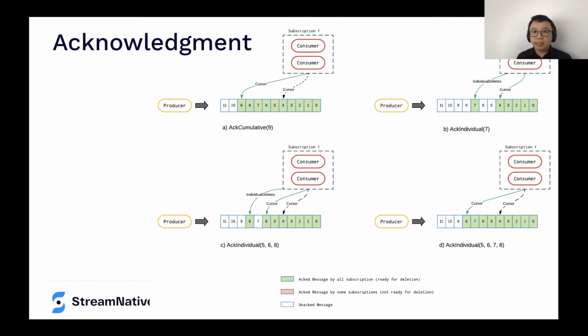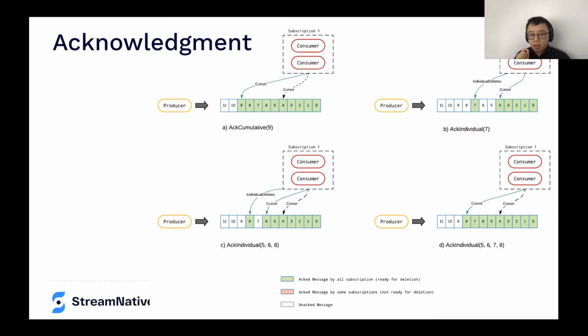So in this diagram, I show 4 examples in order to tell about the difference, how Pulsar is actually using the cursor to represent the consumption state.